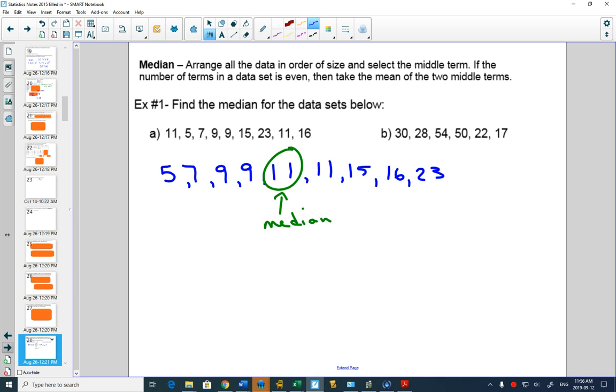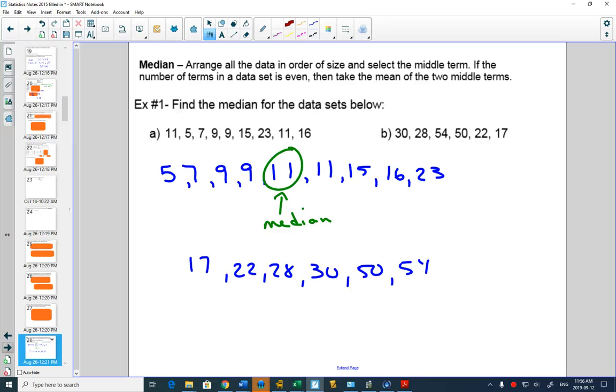11 is our median. But in our second example, and I'm going to write them out in order here, so we've got 17, 22, 28, 30, 50, 54, 1, 2, 3, 4, 5, 6. There's no number right in the middle. If I choose 30, there's 3 to the left, 2 to the right.